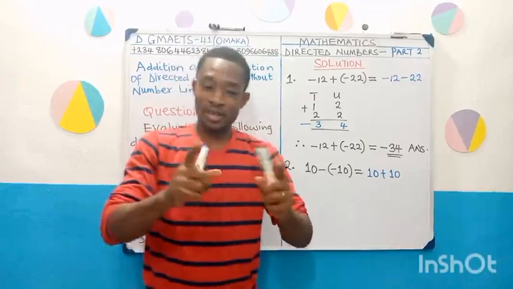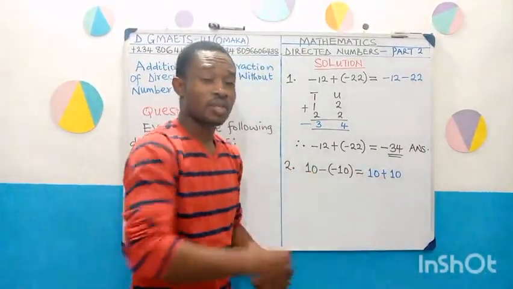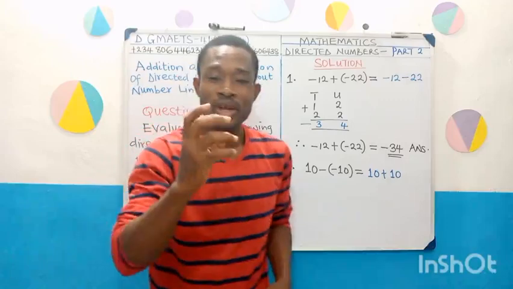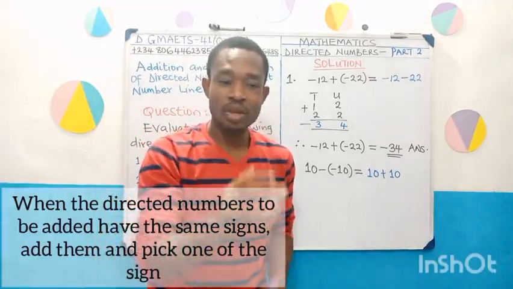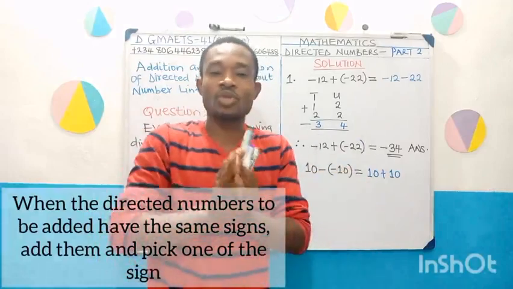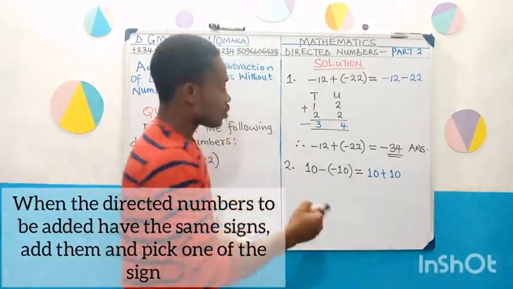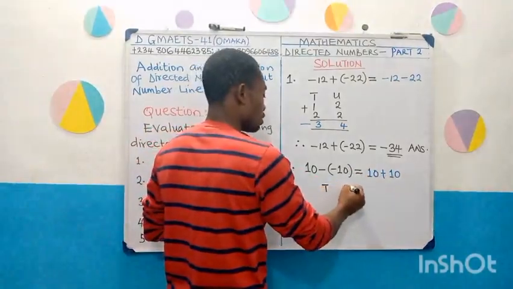Okay, you notice that each of them has plus. So they have the same signs. What did I tell you when I solved this question? When the numbers have the same sign, simply pick the numbers and add them together. Pick one of the signs you have there which are the same. These are 2-digit numbers, so we're going to have tens and units.